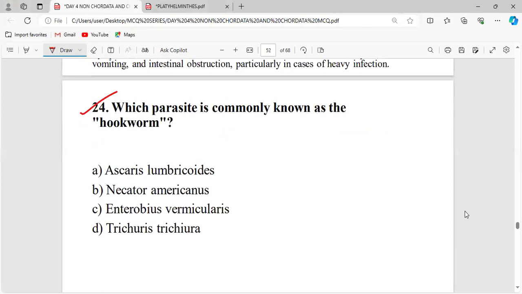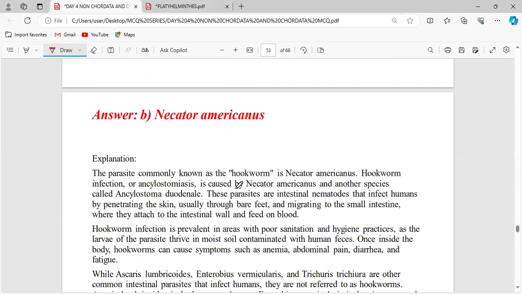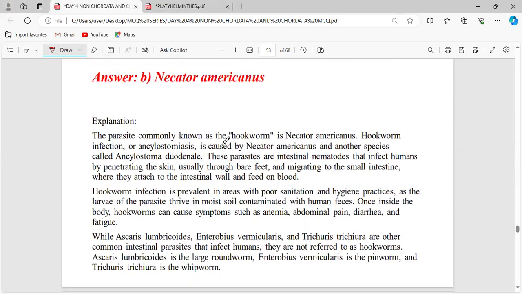Which parasite is commonly called the hookworm? Hookworm will be the common name for which parasite? Very good. Superb. And which category is this coming under? See, the parasite commonly known as the hookworm is Necator americanus.